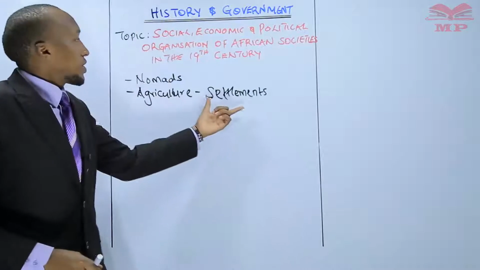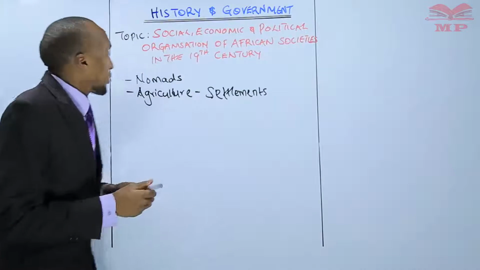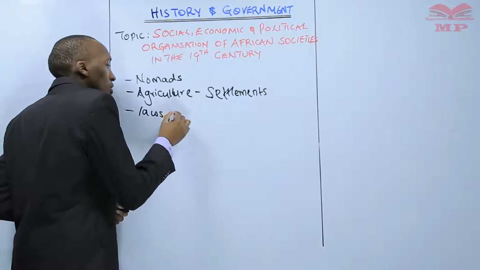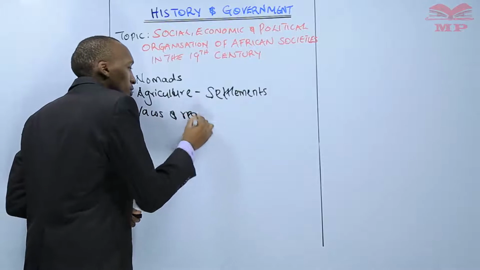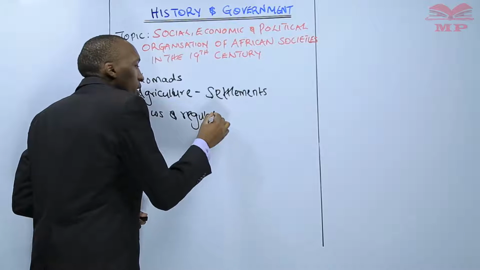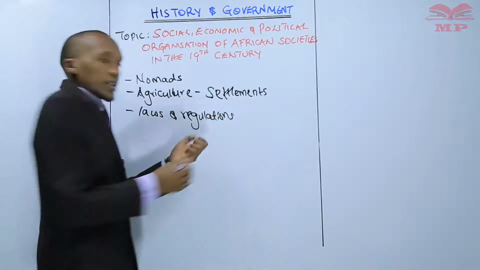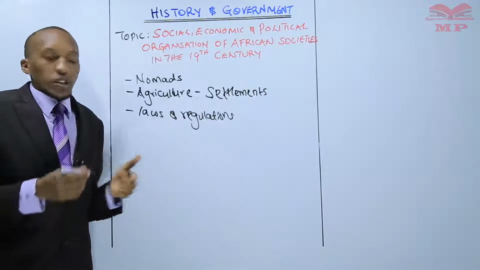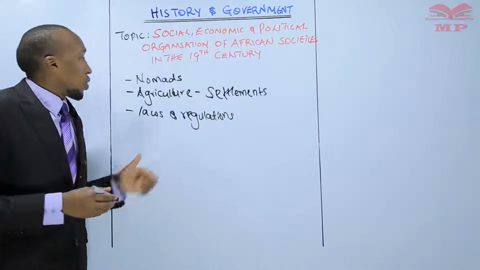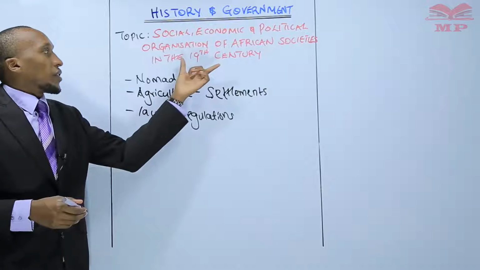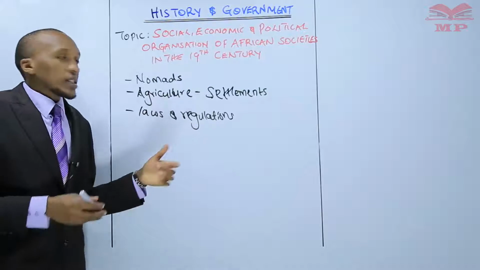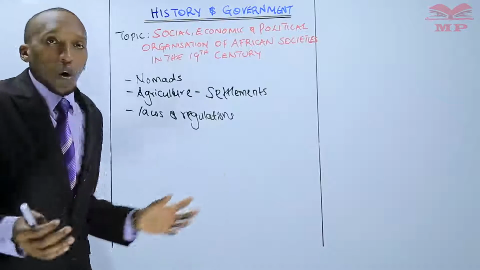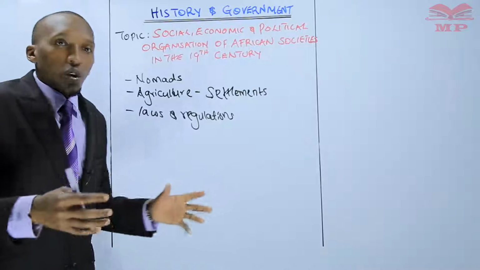In these settlements, there needed to be laws and regulations to manage how the settlements were going to function. So before the 19th century, societies started to organize themselves into small communities, into small tribes.